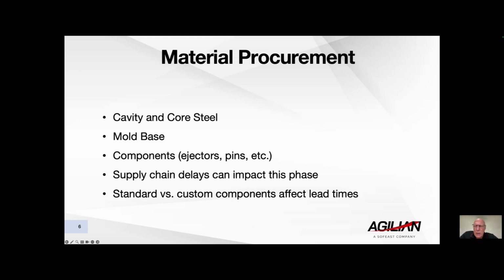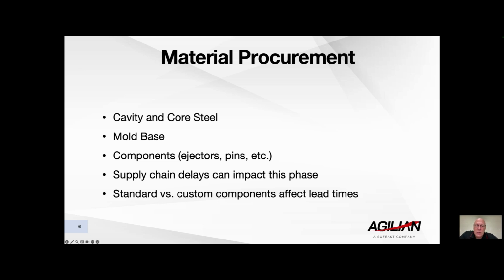Okay, so we're also looking at purchasing all of the other parts. We're looking at springs, ejector pins, ejectors, and everything that goes into making all of the heaters, everything that goes into making the tool up itself. And don't forget, we've already released the 2D drawings and the bill of materials to the purchasing team in order to get all of this in. Now remember, some supply chain delays can impact this phase if there's any specialty steels required, any specialty other components or long lead items, or if suppliers are out of stock, for example.